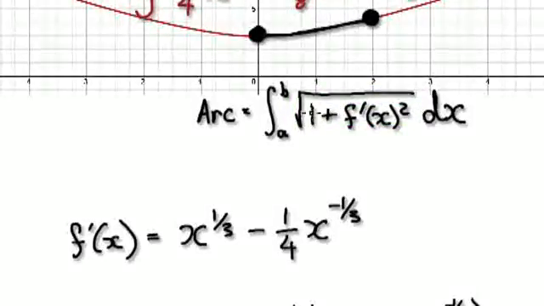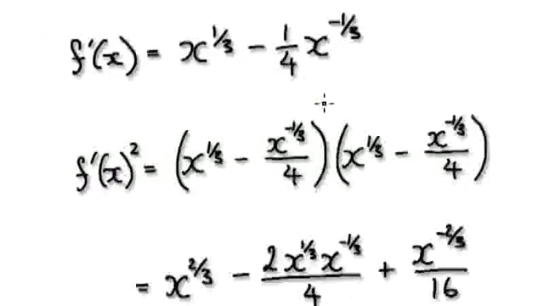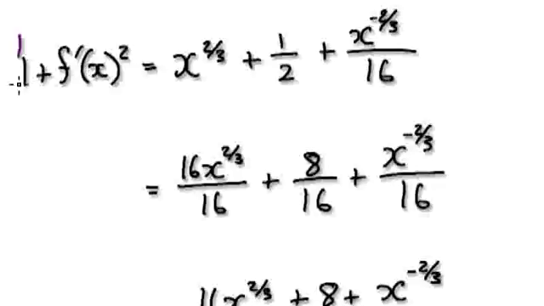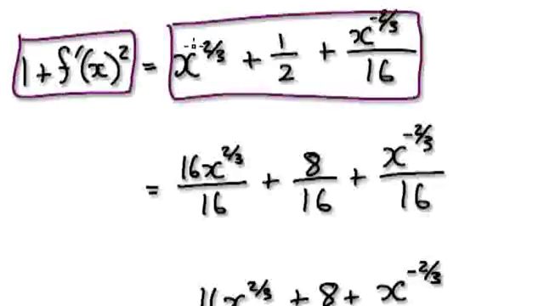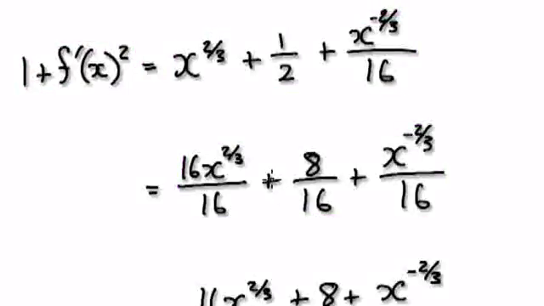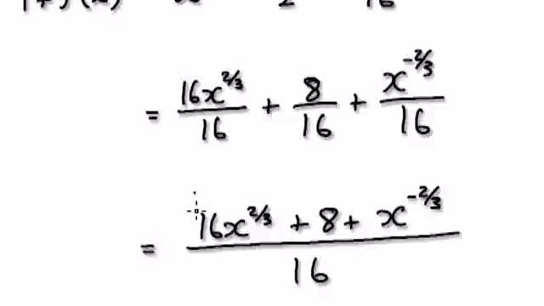Okay, so currently we've got this at the moment. So let's merge these together. That will then take us to this, and then add them all together. That will then take us to this.